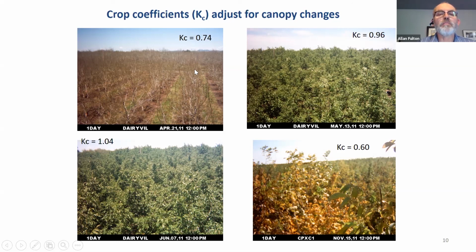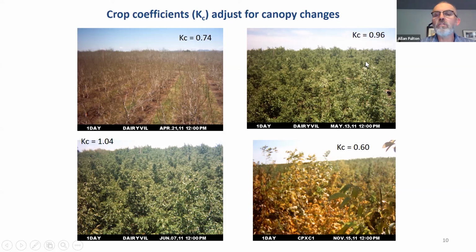This is a springtime picture, April 21st in the year of 2011. You can see that there is grass cover in the orchard middles, pretty significant. The picture is not real good at showing it, but there is vegetative bud break and the canopy is emerging out. And this condition corresponded with a crop coefficient of about 0.74.